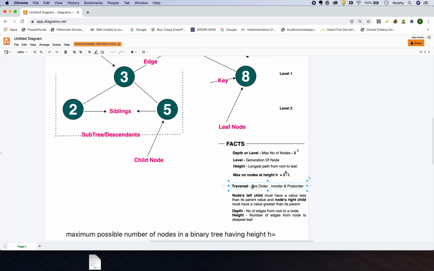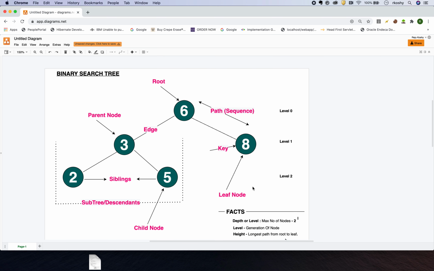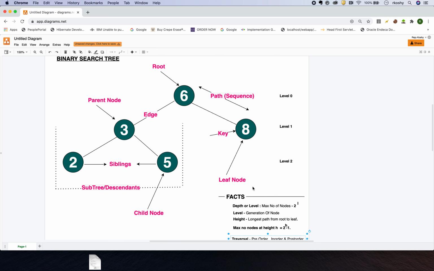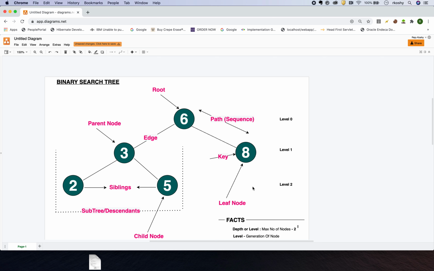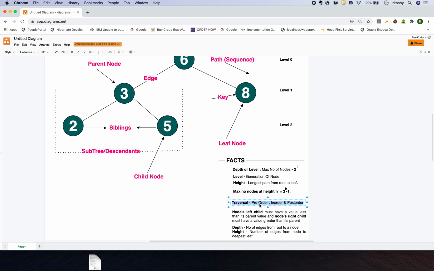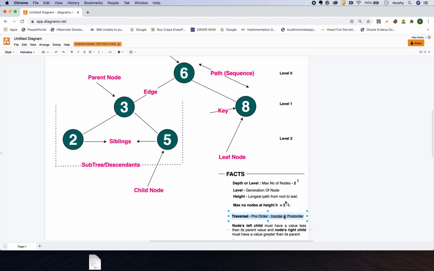Okay, so what is pre-order? It all depends upon the root node. All the traversal is based on when the root node is visited, and all these three types are derived from that fact.